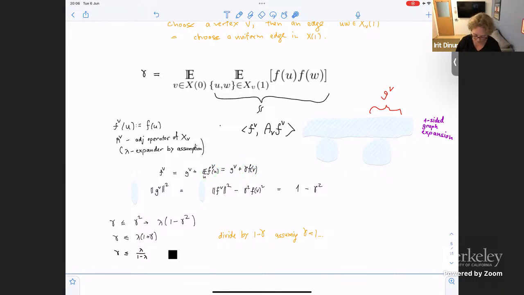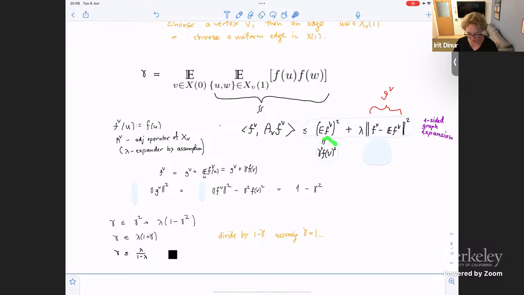Okay, so now we can use the fact that A^V itself is a good expander to get this upper bound. On one hand you have here the expectation of F^V, which we already know now is gamma F of V, but squared. This is like, remember when we said that an expander is when A^V is like the J, like the complete graph operator.